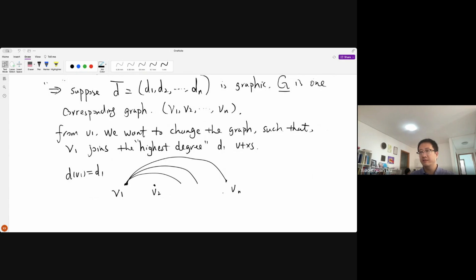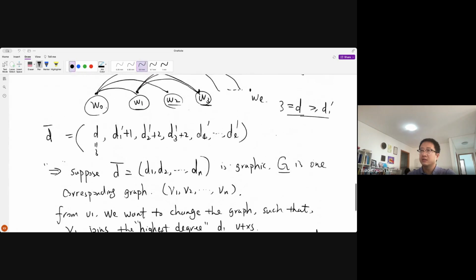This is not very good for me, because if I delete this edge, how will the degree sequence change? Dn becomes Dn minus 1, which I don't like.